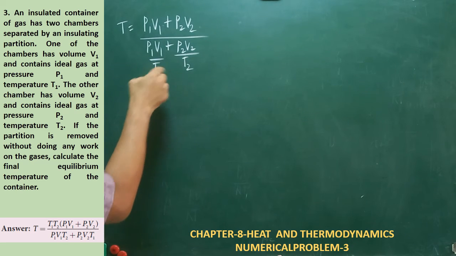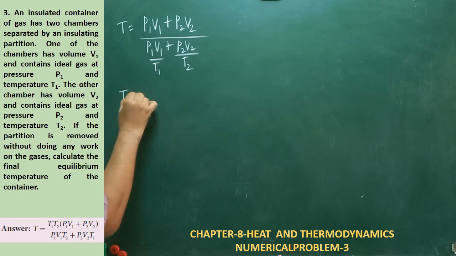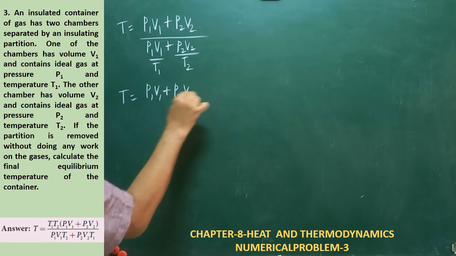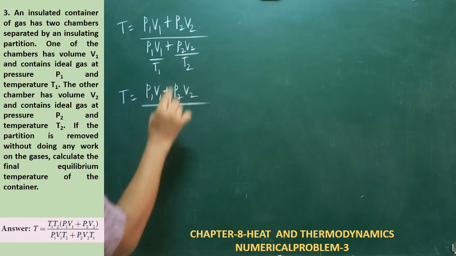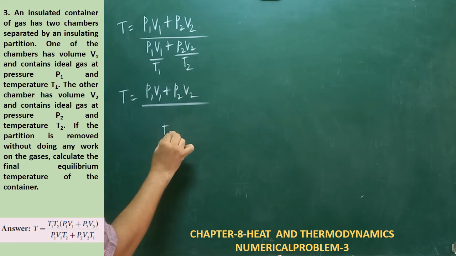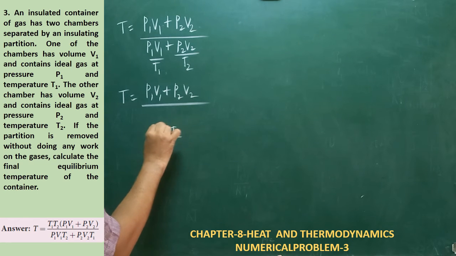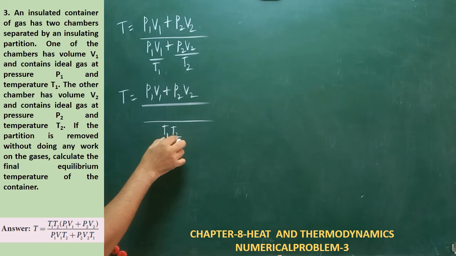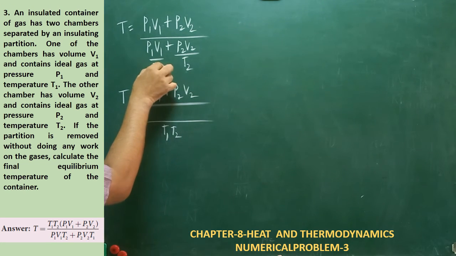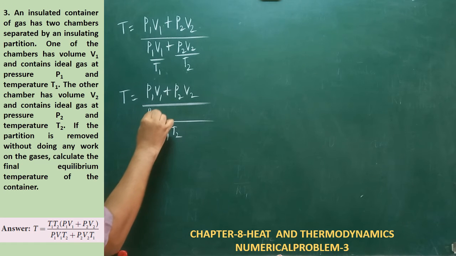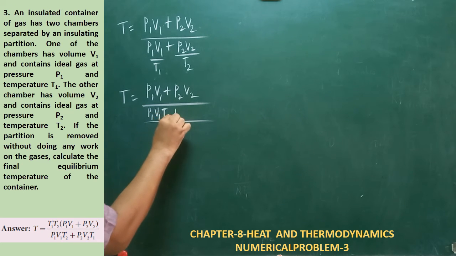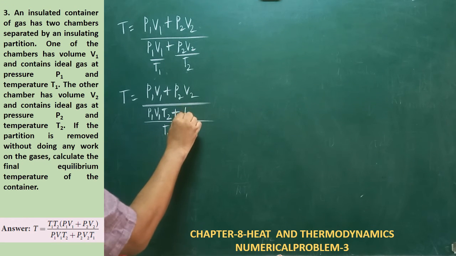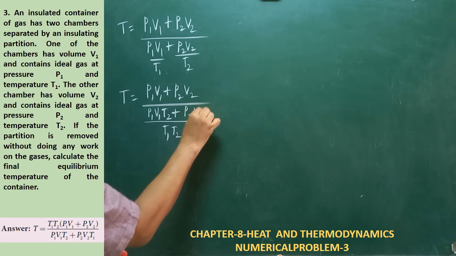Now we have to take LCM in the denominator. T is equal to P1 V1 plus P2 V2 whole divided by, here take LCM T1 into T2, whole divided by T1 T2 both multiplied. If T1 into T2 is divided by T1, you will get T2. Therefore P1 V1 T2 plus T1 T2 divided by T2 is equal to T1, therefore P2 V2 T1 can be written.